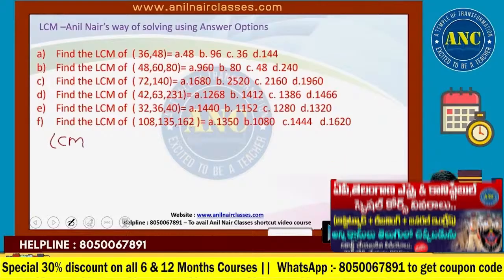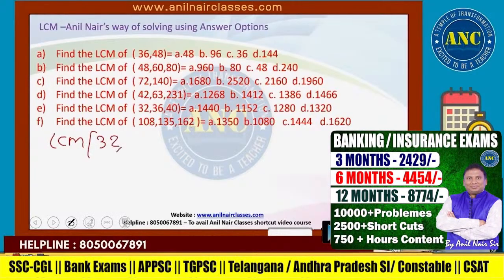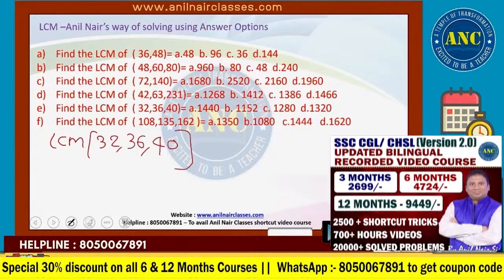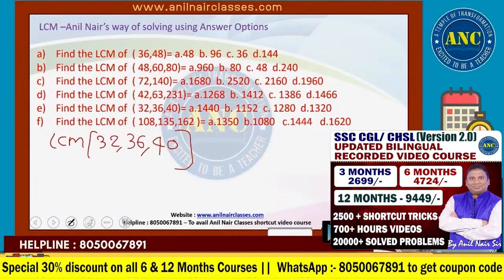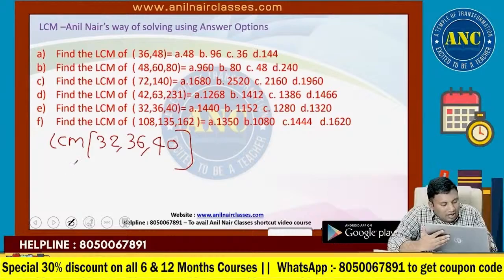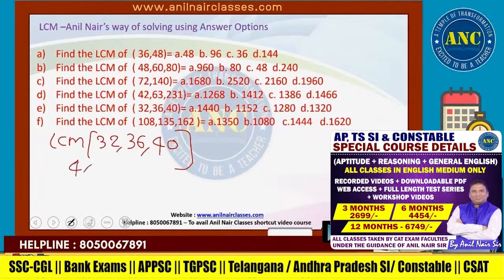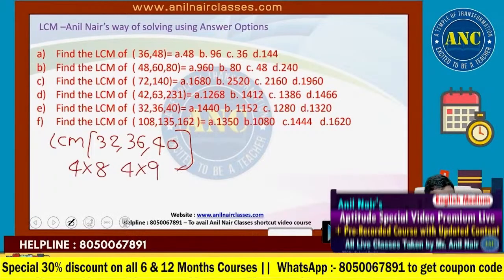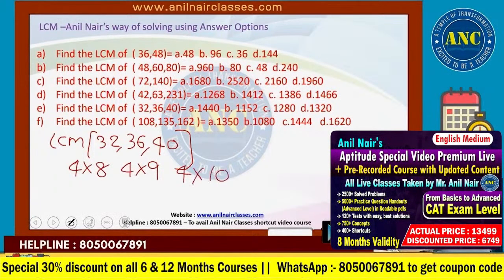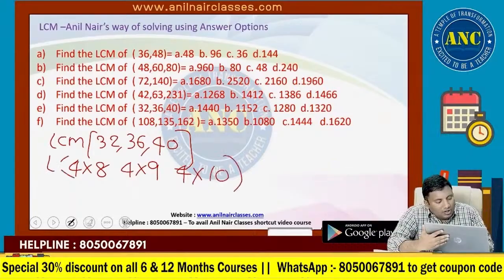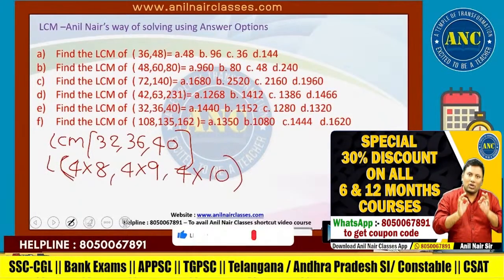LCM of 32, 36 and 40. This is 4 8s are, 4 9s are, 4 10s are. 4 is taken out.